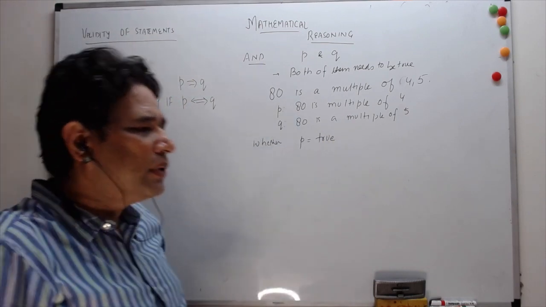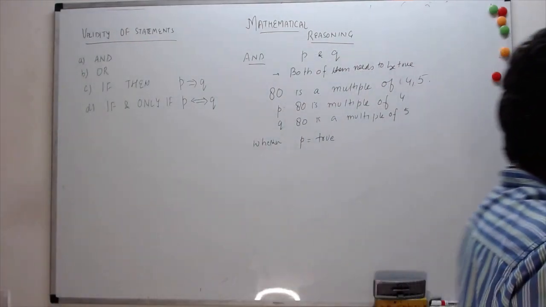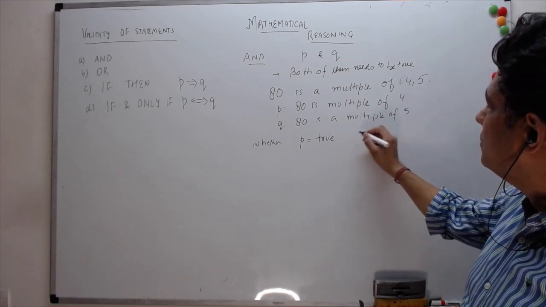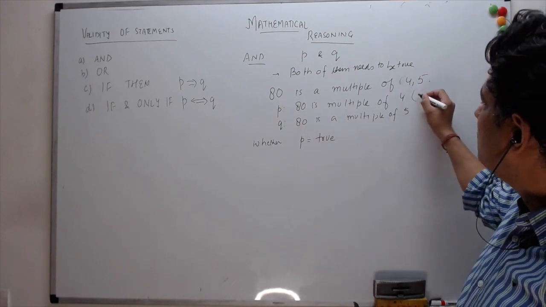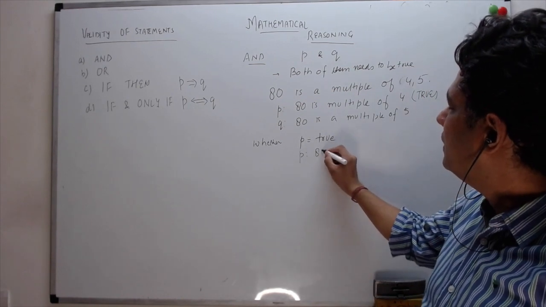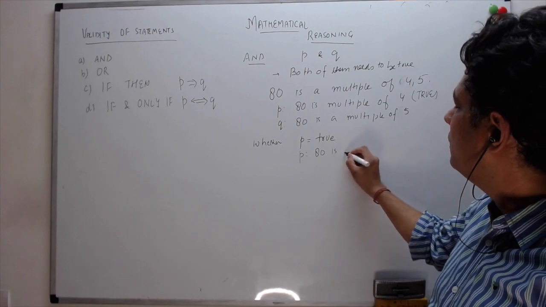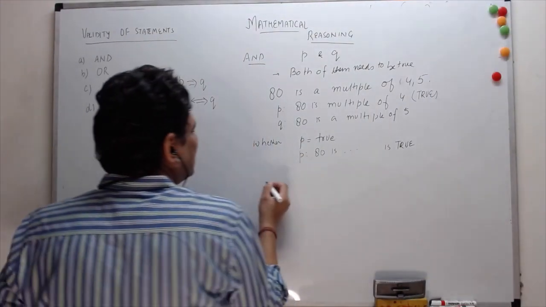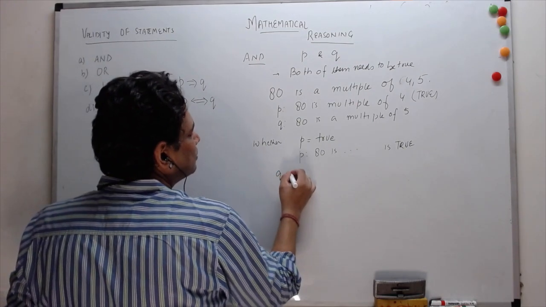So 80 is a multiple of 4. Can we say it is a multiple of 4? We will say that yes, it is actually true. So in this case, P, 80 is a multiple of 4, is a true statement. Also, we'll have to check whether Q is true or false.